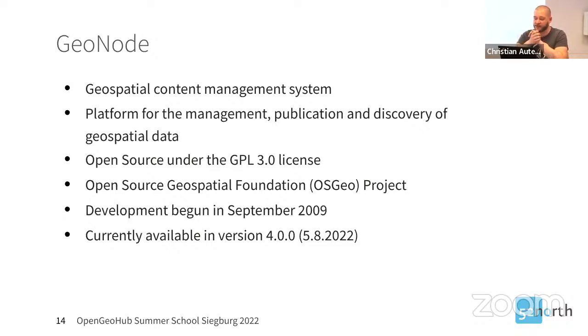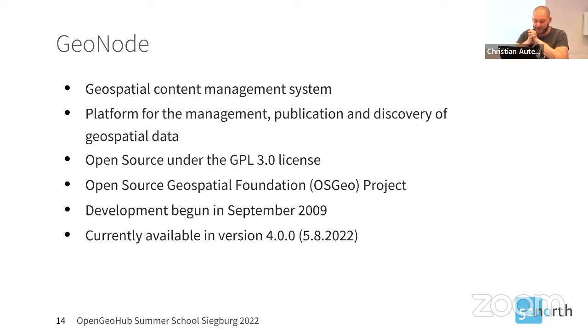It's an open source project under the GPL. It uses a lot of other open source components that are also freely available. It's an OSGeo project. I'm sure you're familiar with that, or have used software from the OSGeo project. And it's actually quite old, which was kind of surprising for me because I didn't know that. It started in September 2009, which is really, really old.